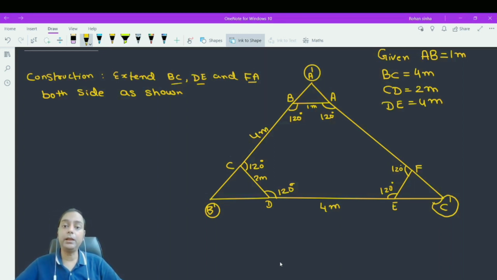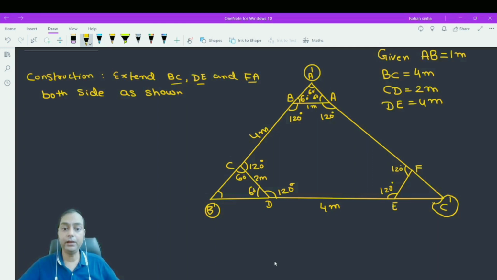Now if I extend, what is this angle? This angle is 60 degree. This angle is also 60 degree. Similarly, what about this angle? This angle is 60 degree.